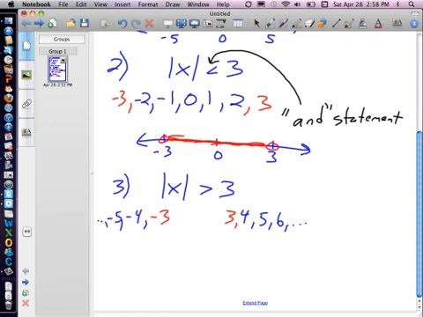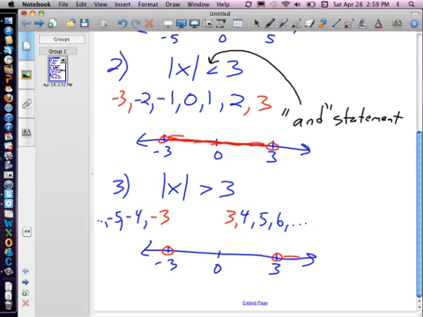Okay, so as you can see, now if we were to graph this, here's our negative 3. Put our 0 in there. We have a 3. Now the boundaries are still at 3 like they were in the previous example. They're still open circles.